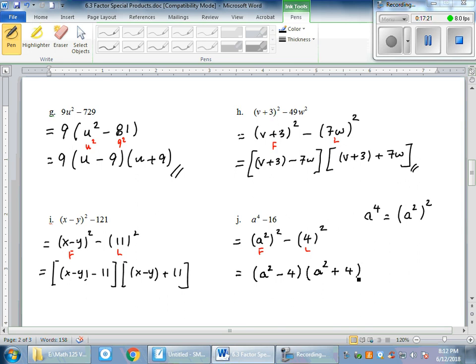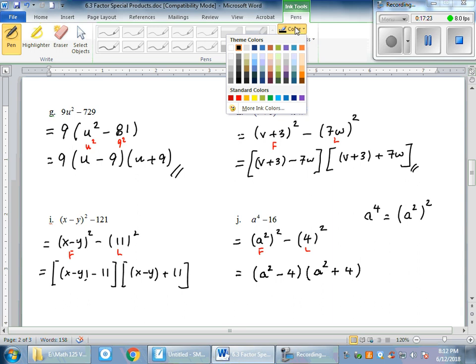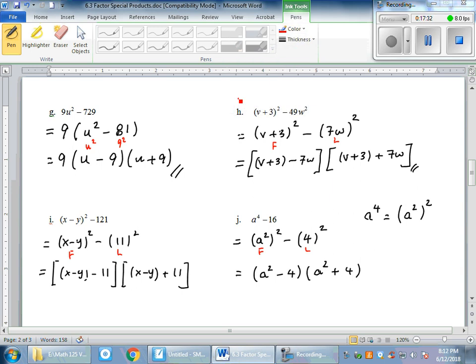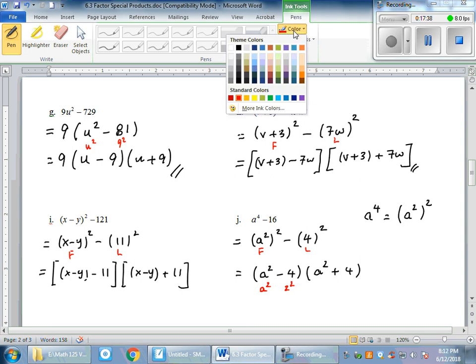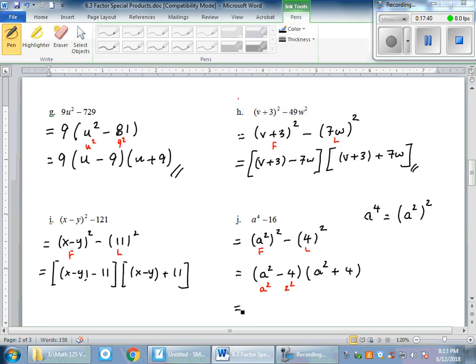First minus last times first plus last. Now, it's not done yet, because notice that a squared minus 4 is also a difference of two squares. So I can look at it as a to the second, 2 to the second power. So therefore, my final answer will be, factoring that part, first minus last times first plus last.